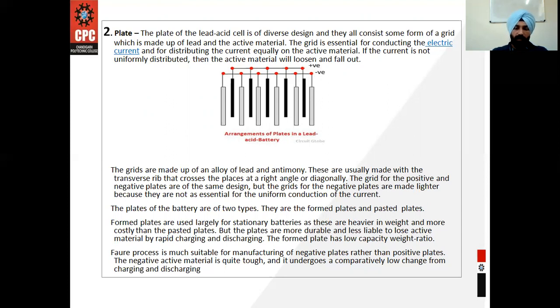The formed plate has a low capacity weight ratio and is much more suitable for manufacturing negative plates rather than positive plates. The negative active material is quite tough and undergoes comparatively low changes from charging and discharging.